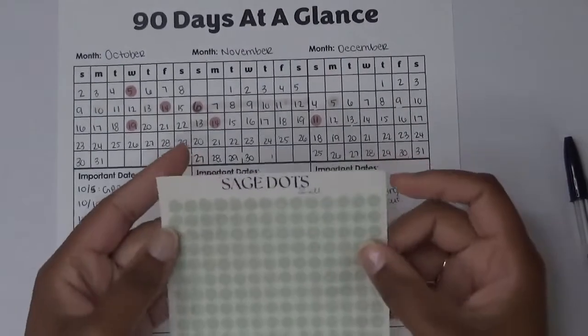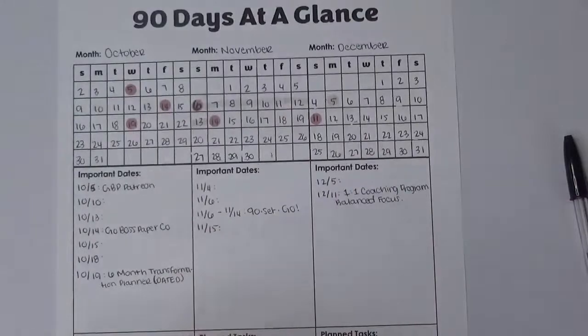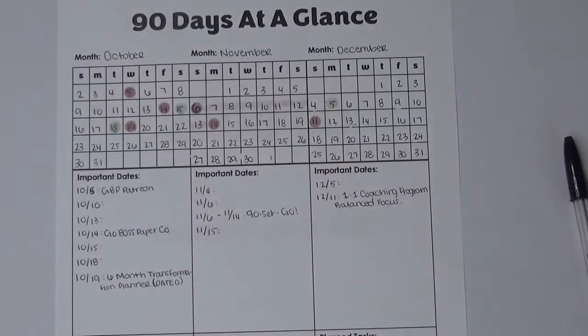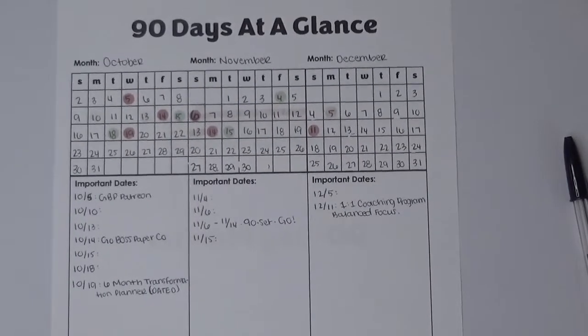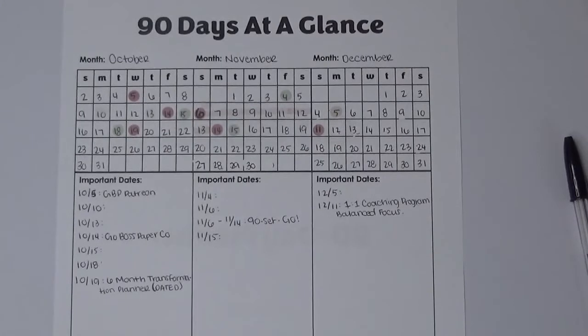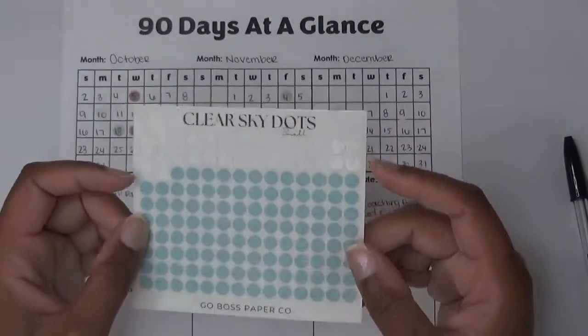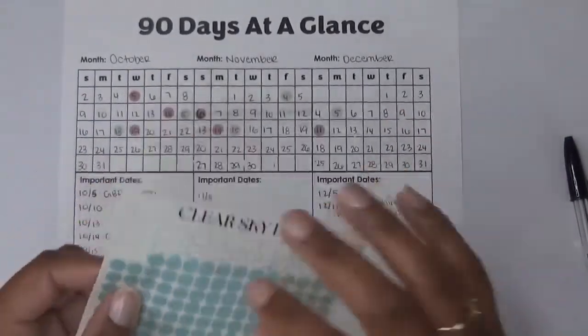And finally my sage dot stickers for the last one. Alright, so there we go. All of my dates are covered on there, and then I do want to mark off my live streams as well. For my live streams, I do those in my clear sky dot stickers.